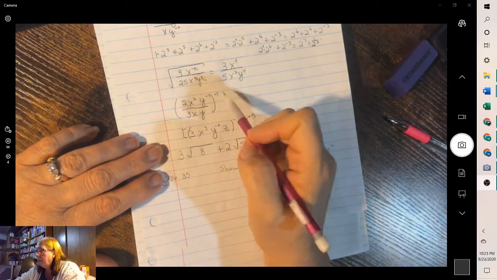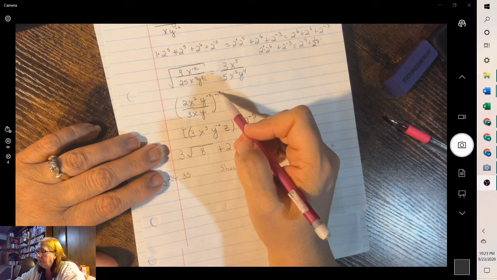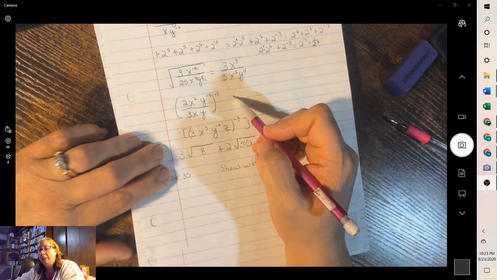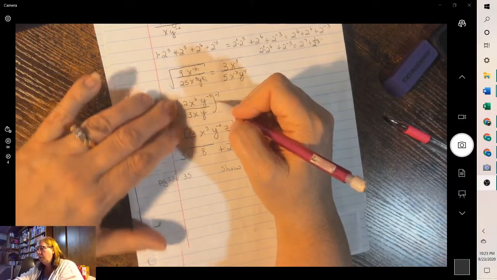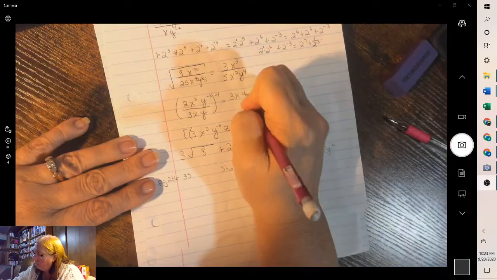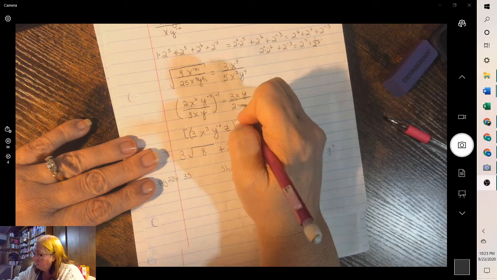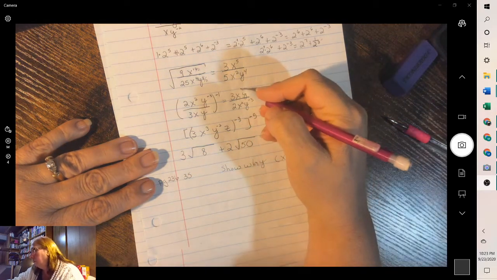Right here. This one, I think I would flip it first and make this positive and then just simplify what we have inside. So we flip the whole fraction because this negative is on all of it. So we have 3xy over 2x squared y to the negative 3. And then it's top minus bottom.